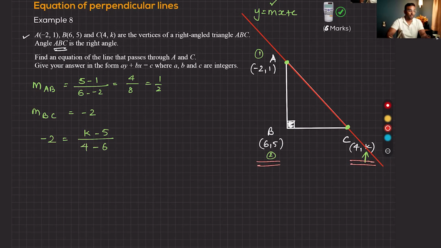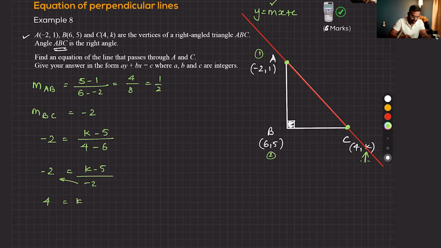Just say yes if you understood what I did there. Okay, now we can find K. Minus 2 equals K minus 5 over minus 2. Cross multiply, that becomes 4 equals K minus 5. K is 9. Why do we need to know K now?